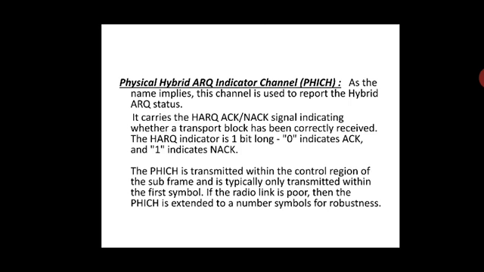That is a signal indicating whether a transport block has been correctly received. The HARQ indicator is 1 bit long: 0 indicates ACK and 1 indicates NACK, non-acknowledgement. PHICH is transmitted within the control region of the subframe and is typically transmitted within the first symbol.